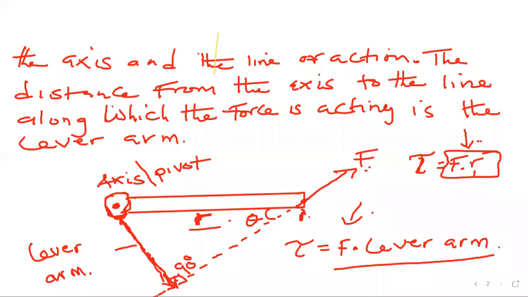Okay, we only said that the axis or the pivot is simply a point from which the object is able to turn. At the point at which the object is able to turn from, you can call that point your pivot.